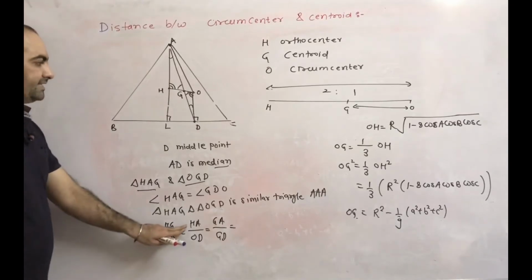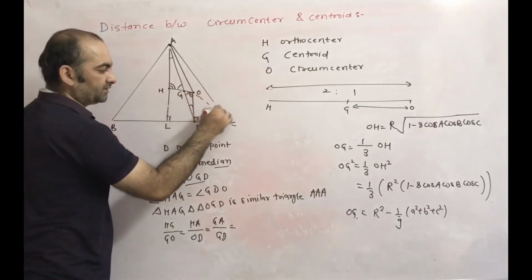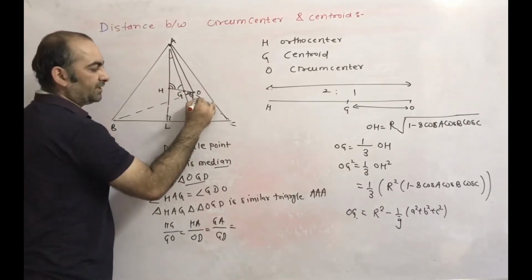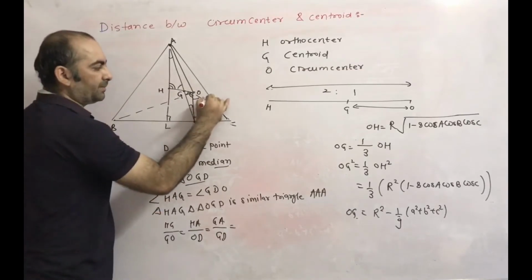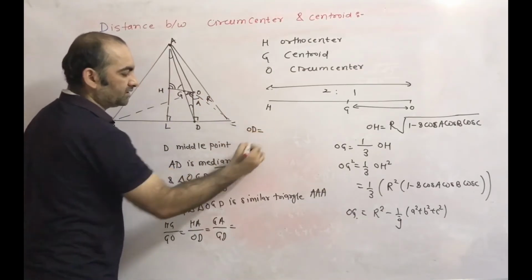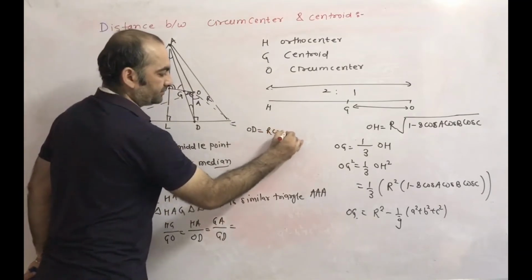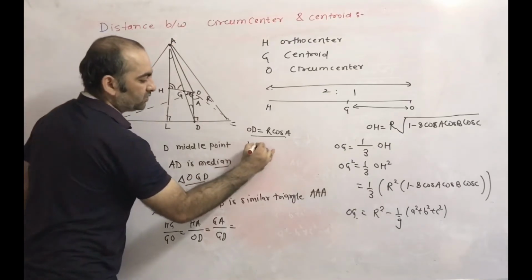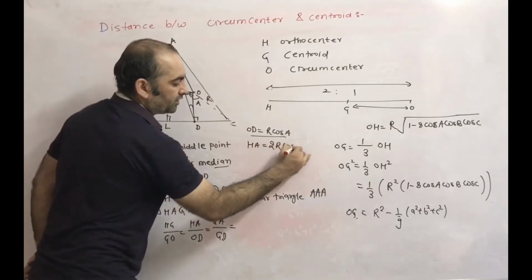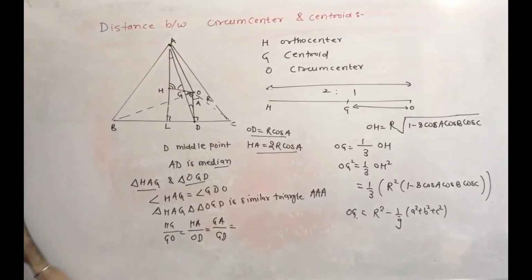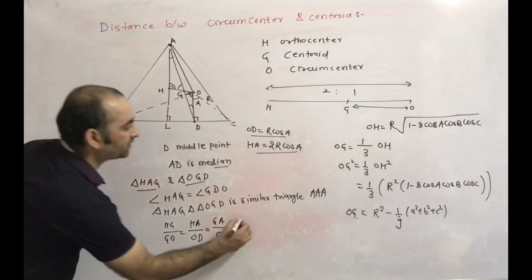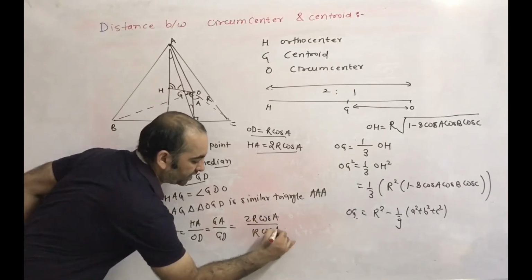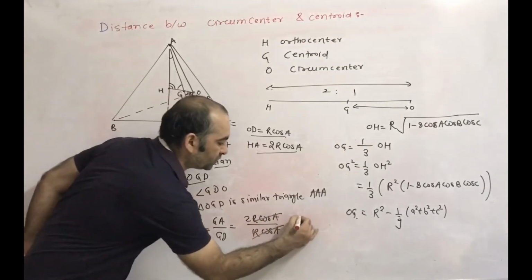Now HA. If you join these, this angle is A and this is R. So OD equals R cos A. And HA equals 2R cos A, that we have already done. So HA divided by OD is 2R cos A divided by R cos A. R cos A cancels and we get 2:1.